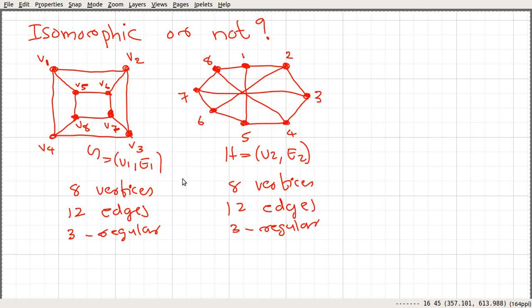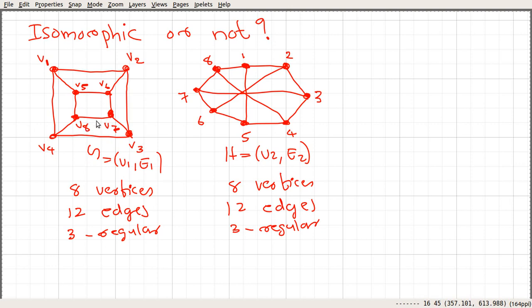But what we can do is look for a structural property that one has and the other doesn't. If you are able to come up with such a structural property, then we can definitely say that the graphs are not isomorphic.